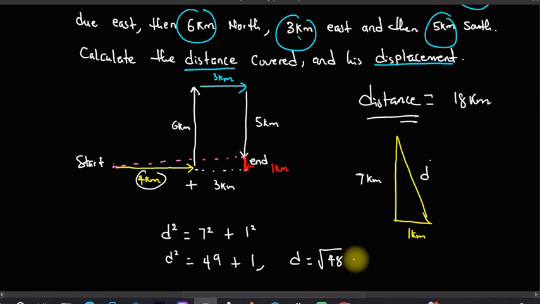Whatever answer we get here is going to be the displacement. So we're going to have something like 7 point something. So you can see clearly that the displacement is a way shorter route than the distance covered.